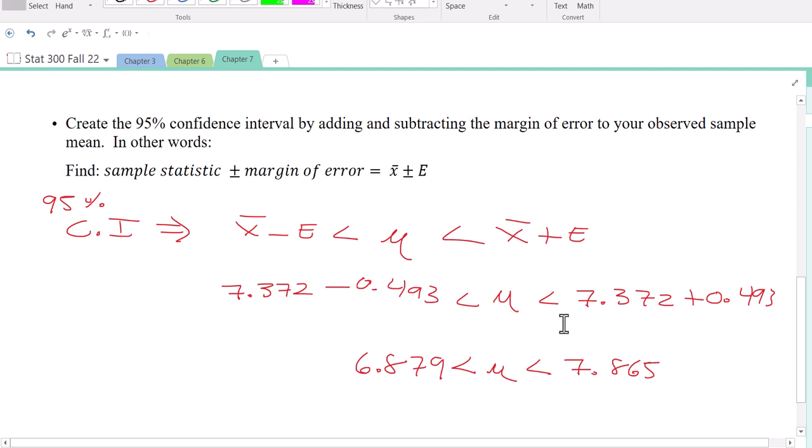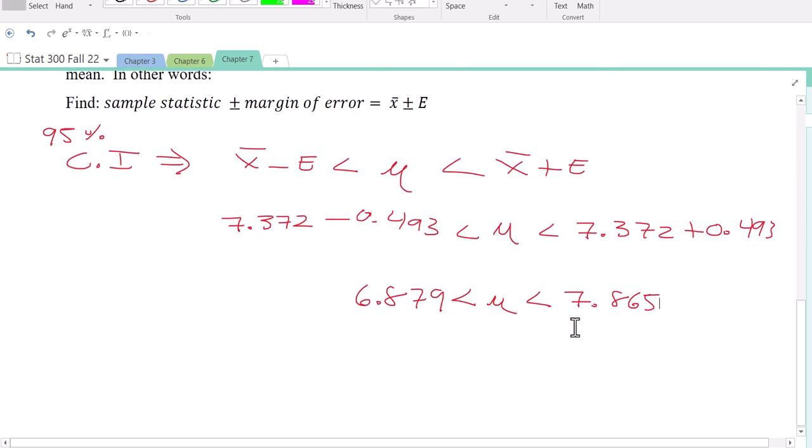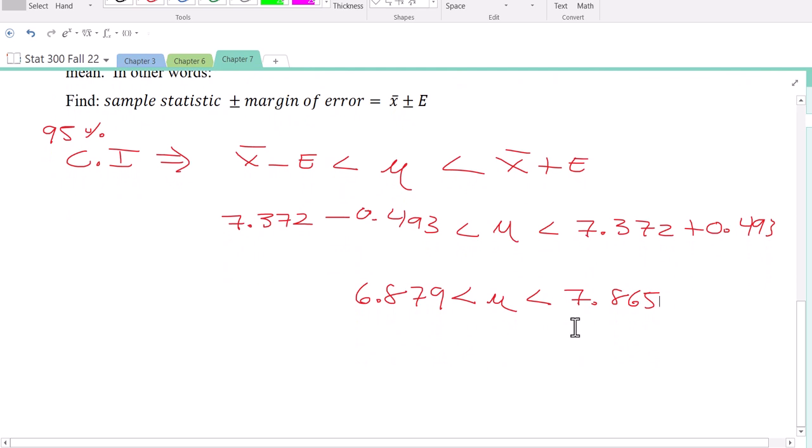So when interpreting this confidence interval, we can say, based on this sample, we can, with 95% confidence, say that ARC students appear to sleep less than the recommended 8 hours of sleep per night. So always when you interpret a confidence interval, write it in the context of the problem. So let me just repeat that.